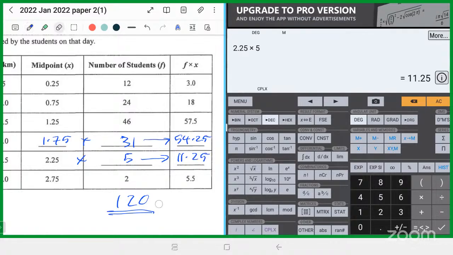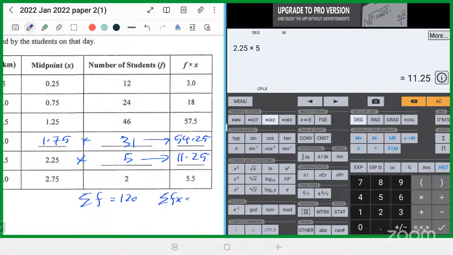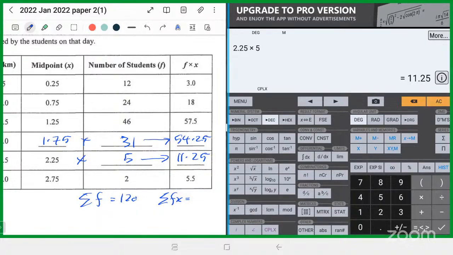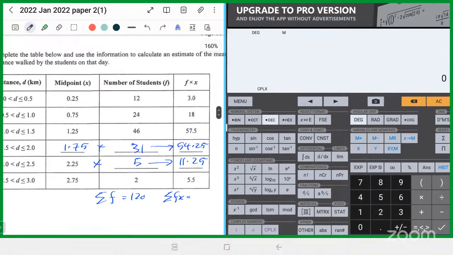All right, that's the something now. So this one is the sum of f, which is 120. And then here now you have the sum of fx. So adding up these values now, the total of all 120 students.